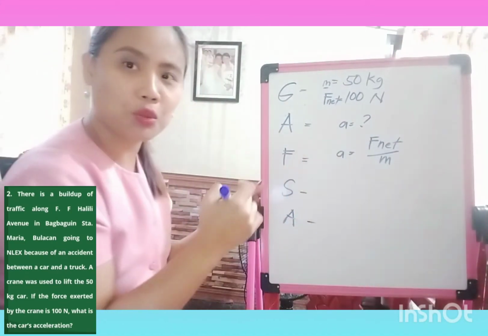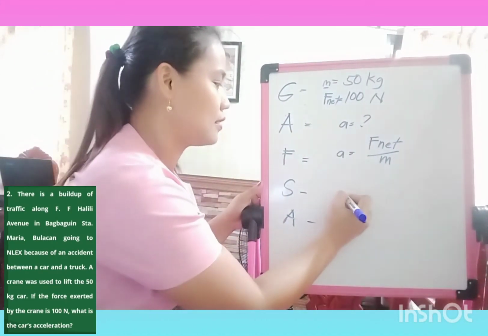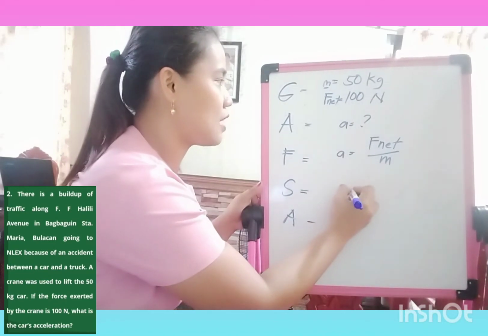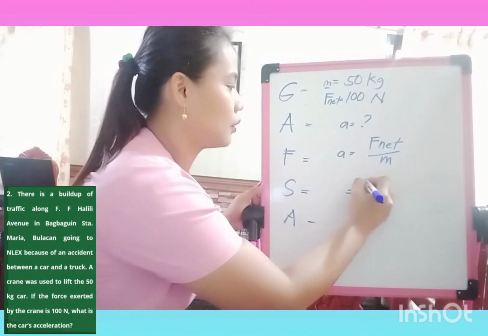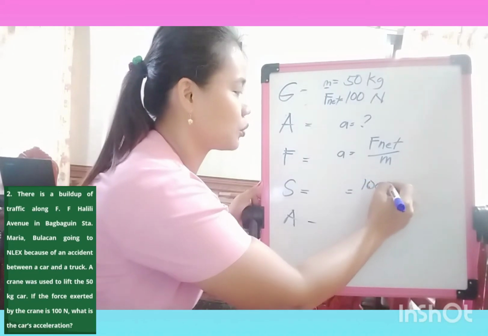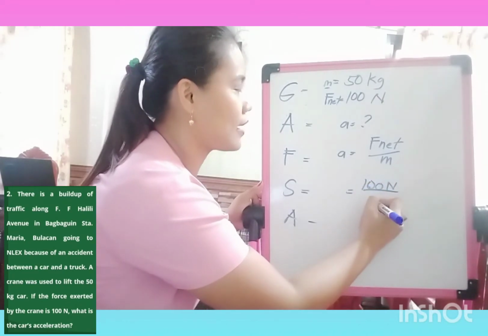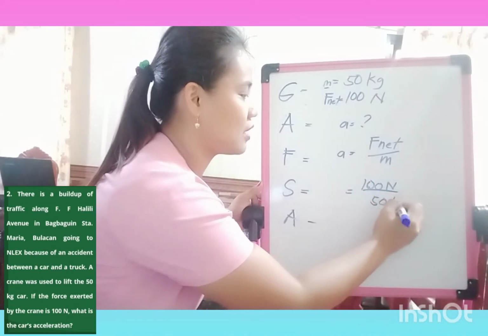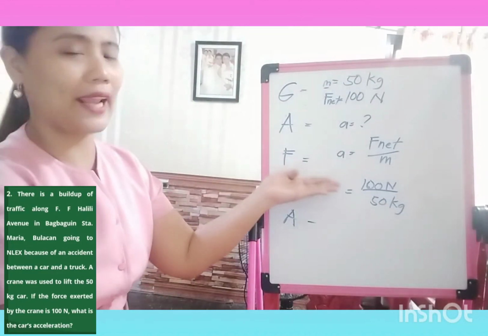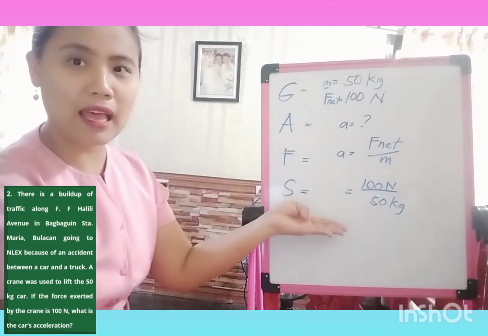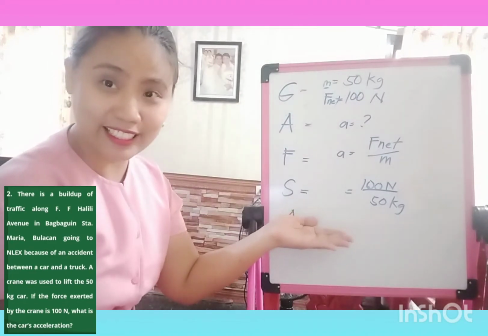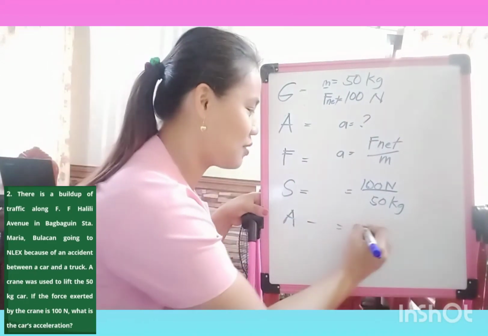Let's substitute the formula with the given. Acceleration is equal to 100 Newton divided by 50 kilogram. 100 divided by 50, easy. Quick, right? You have 2.